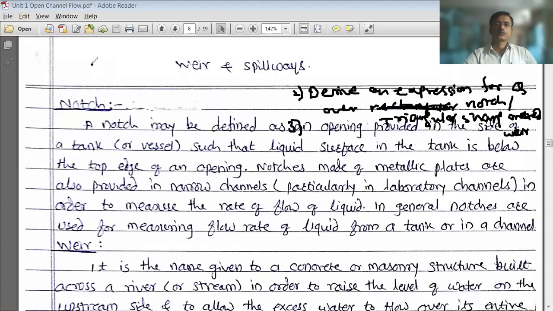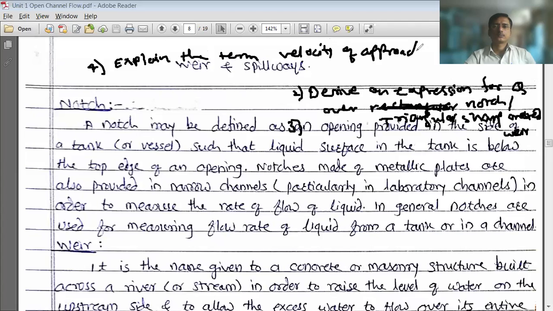Okay, question number 4. Explain the term velocity of approach.